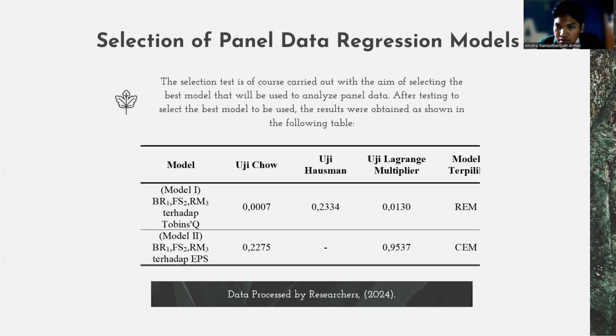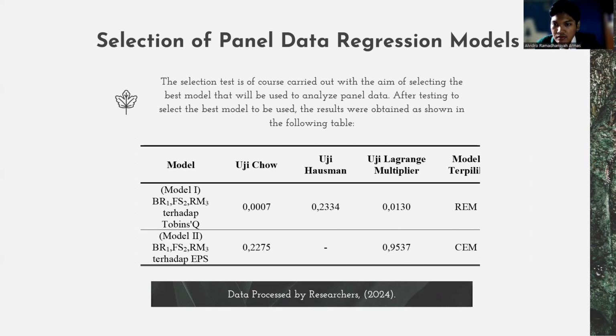The Chow test shows a figure of 0.2275, which is greater than the significance level alpha 0.05. This indicates that the best model between CEM and FEM is the CEM model. So with CEM as the best model, the Hausman test is no longer necessary because the Chow test has shown CEM as the selected model.